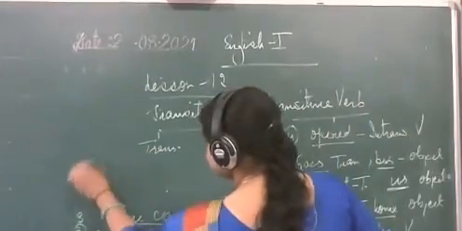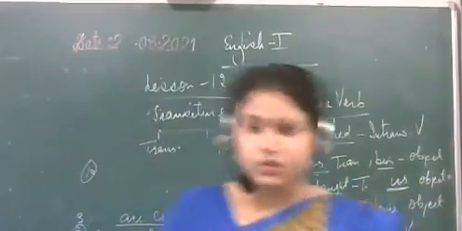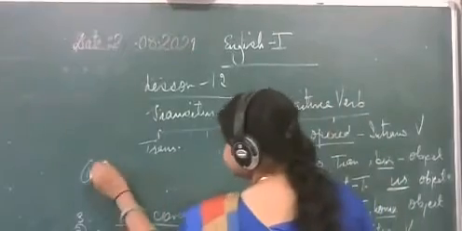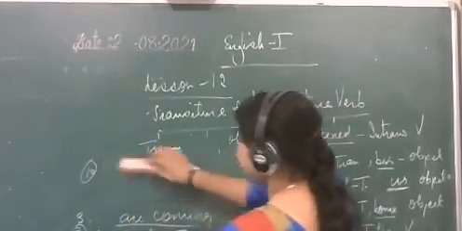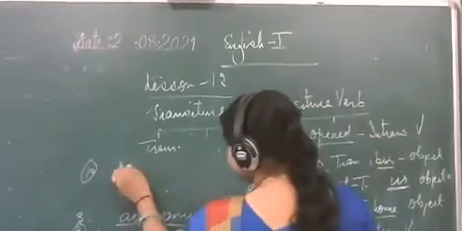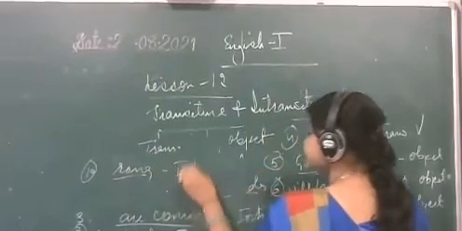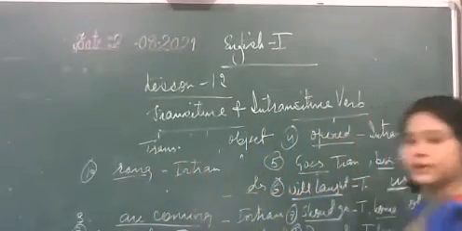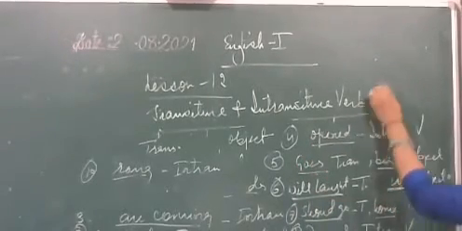On the last, the 10th one: The bell rang loudly. I will only write the last word, rang. So rang is an intransitive verb. Clear? So that was your exercise A.